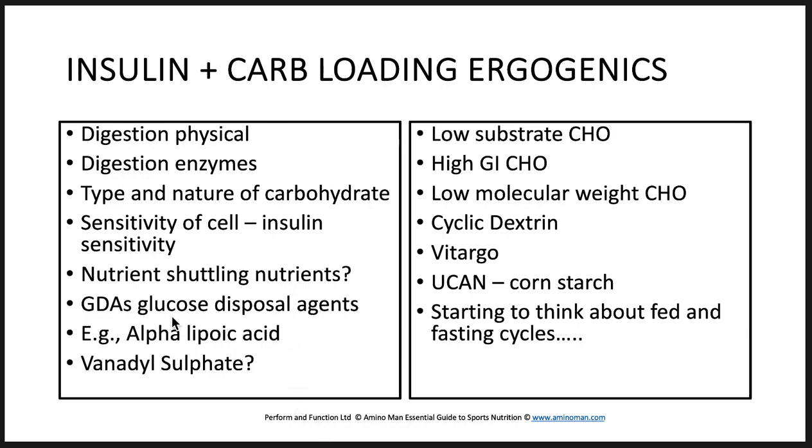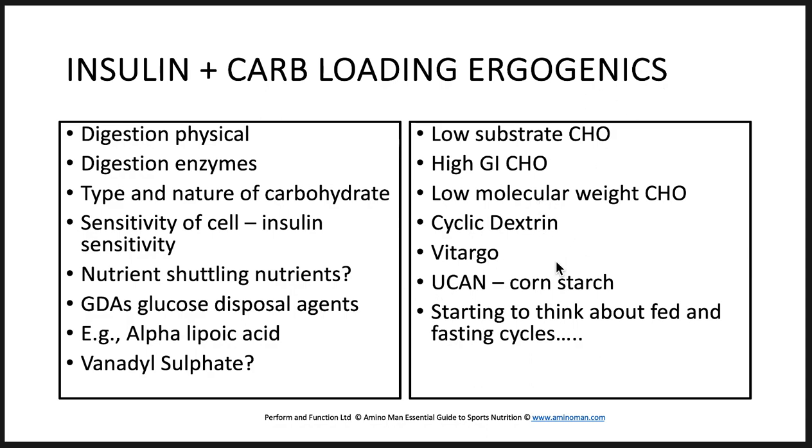So we've got GDAs, glucose disposal agents, things like alpha lipoic acid, phenyl sulfate, popular a few years ago. We've got low substrate carbohydrates, which have a high energy and low fiber. We've got high glycemic index carbs.